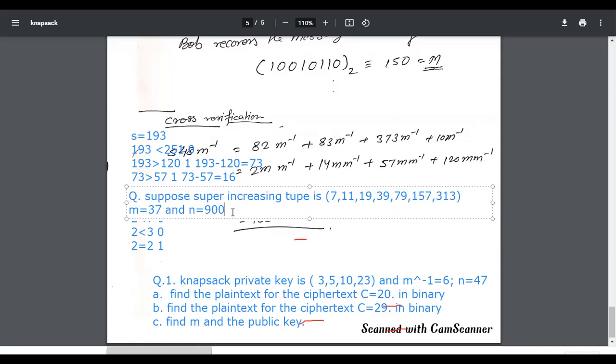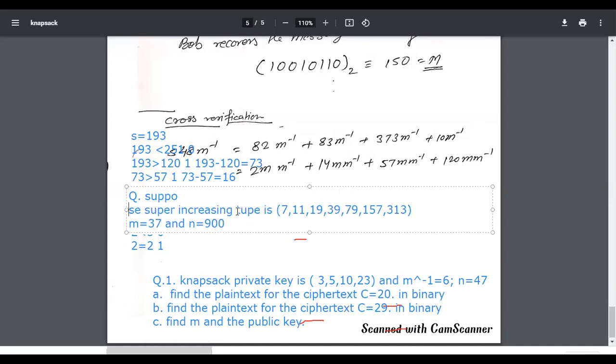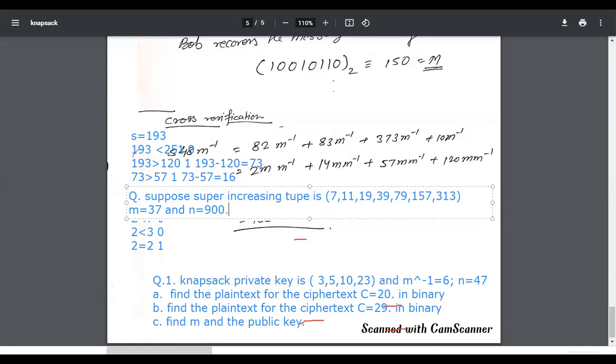Now we need to calculate. Suppose m equal to 37, n equal to 900. The ciphertext is 103.